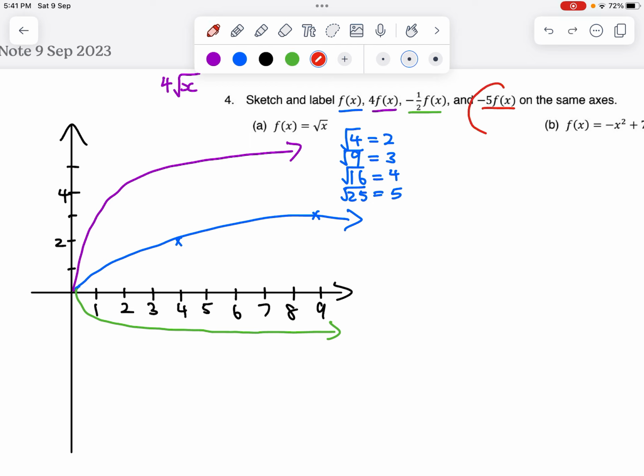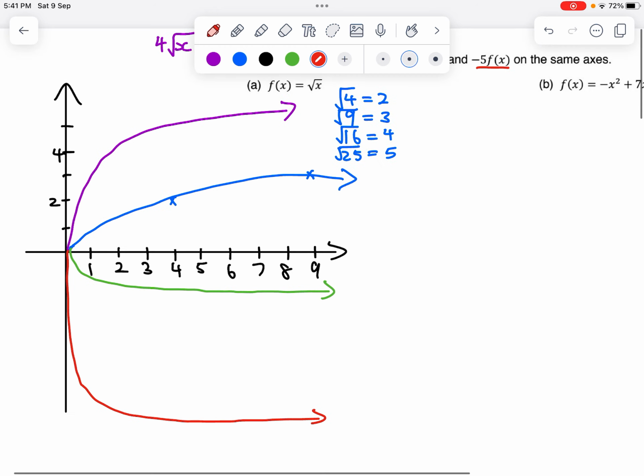And then finally we have -5 times f of x. Now 5 is greater than 1, so it will be a vertical stretch, and we can kind of see that it will be a bit more steep compared to 4. And as you can see, it is a negative sign, so it will be negative, so it will look something like that.